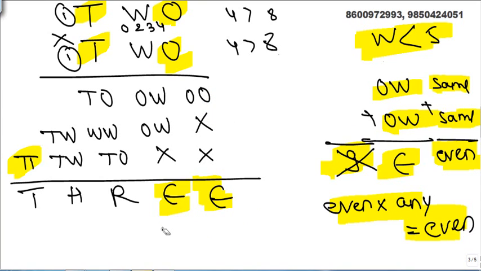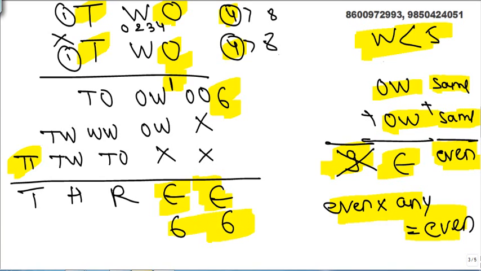Let's try 4. We are trying it to be 4. If we take 4 into 4, it's 16, so we get a carry forward of 1. 16, carry forward 1, but E will become 6, so this E should also be 6.